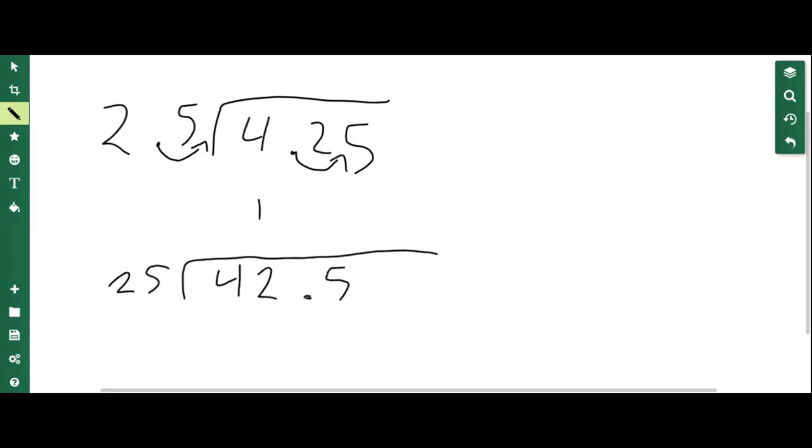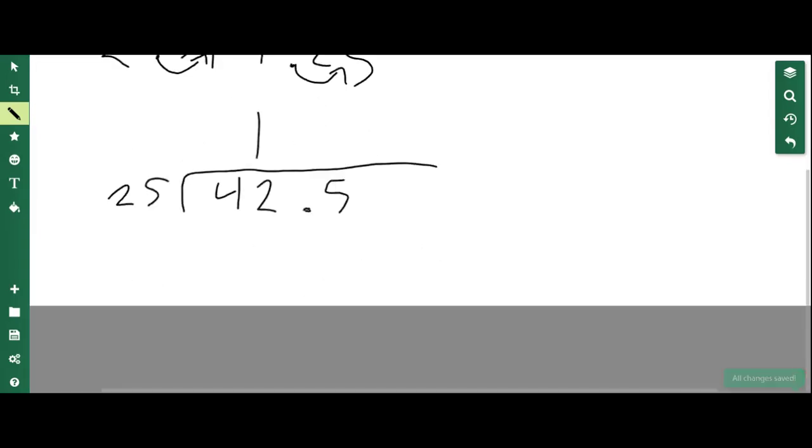Well, only 1 time. So now it becomes 1 times 25, and that is 25. Subtract it, and we get 17, right? I keep my decimal spot, and I bring down the 5. How many times can 25 go into 175? Well, it can go 7 times.